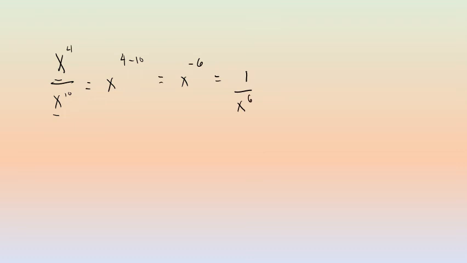Okay? Or you can also see it as parang ganito class. x raised to 4 over x raised to 10. So, isipin nyo na lang class, sino yung mas lamang? Yung denominator natin, di ba? x raised to 10 siya eh. 4 lang yung taas. Okay, so we can write x raised to 4 as x times x times x times x. Apat na x.